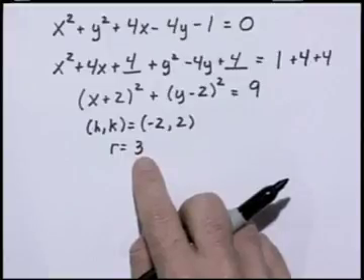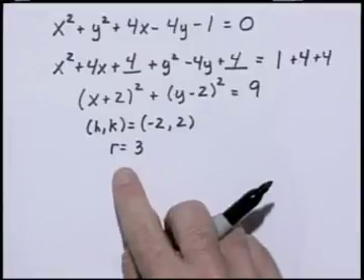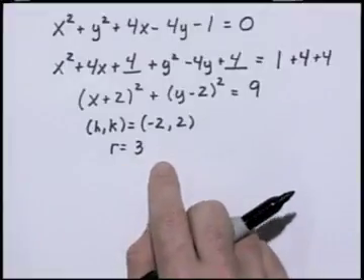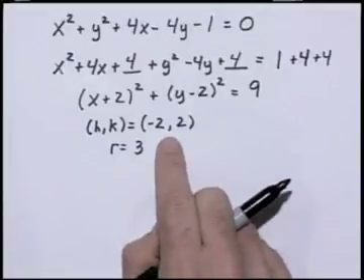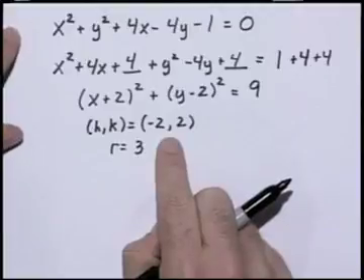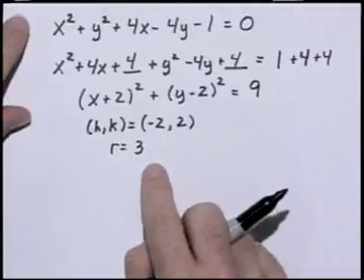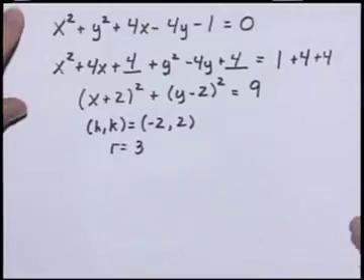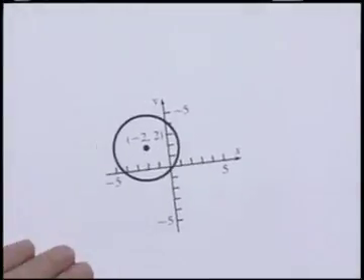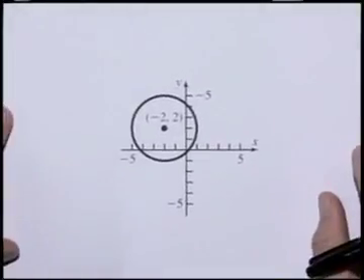So it's best when drawing these graphs by hand to go 3 units to the right, 3 units to the left, 3 units above, and 3 units below the center to get 4 key points on the graph, and then trace in your circle. If you do all of that, you obtain this graph.